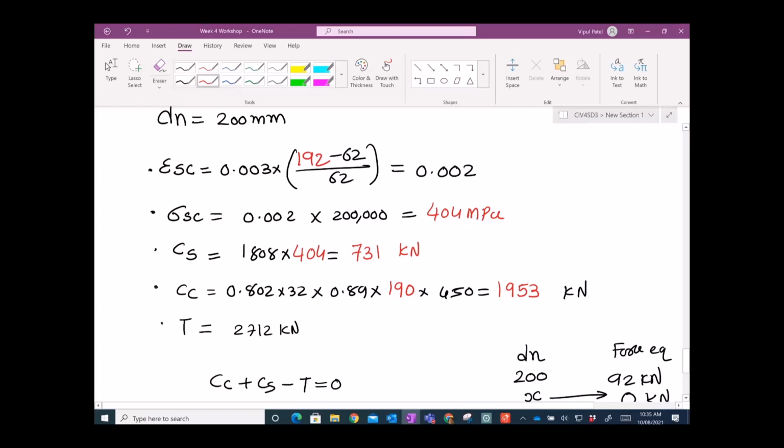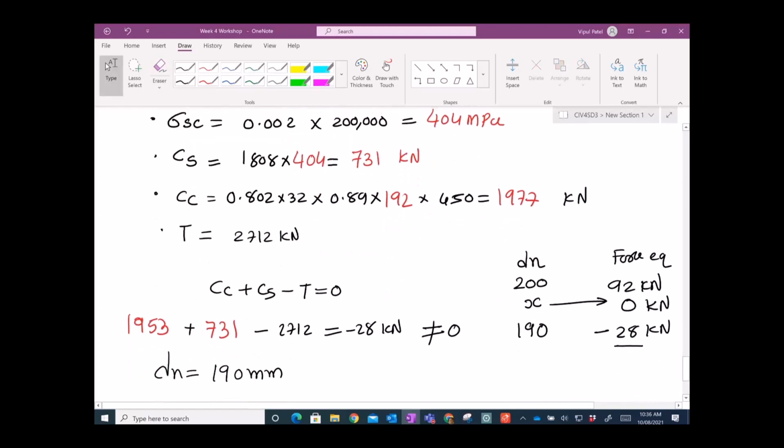So if you do this one 192, you might change this one to 1977. So 1977, and this will stay as it is. So you have 1977 plus 731, just rounding error, okay, but you can work it out. That would be almost minus 0.5 kilonewtons.